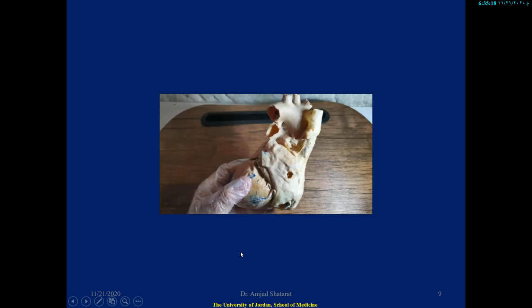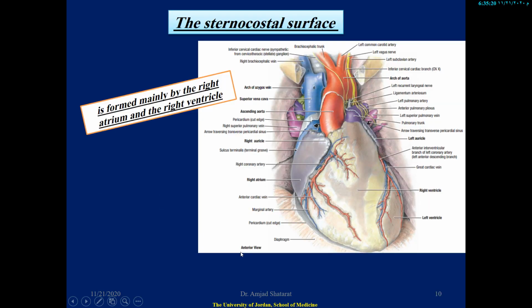Now let's proceed. The sternocostal surface, or the anterior surface, is formed mainly by the right atrium and the right ventricle. Some of you may ask why we need to know the contribution of each ventricle or chamber into the walls.